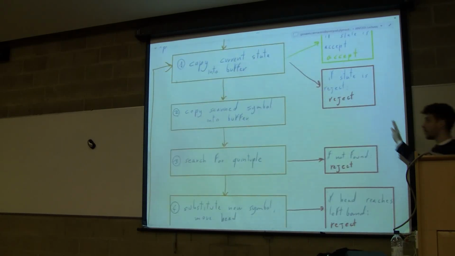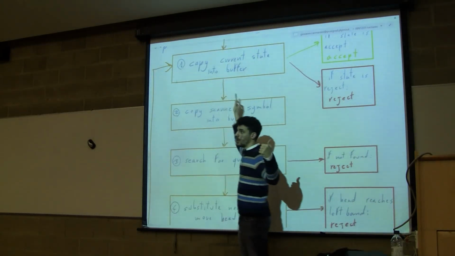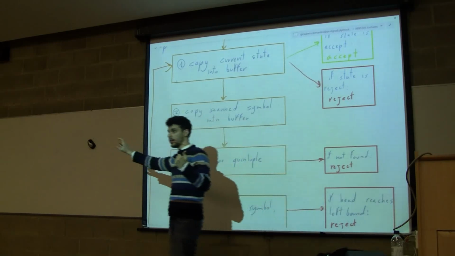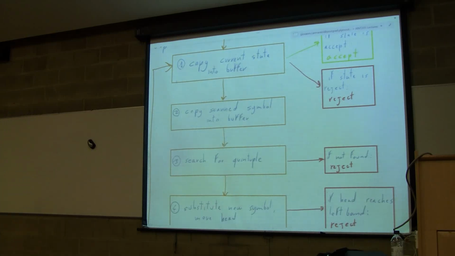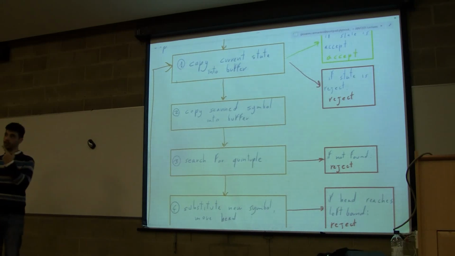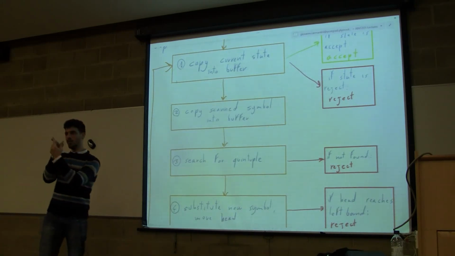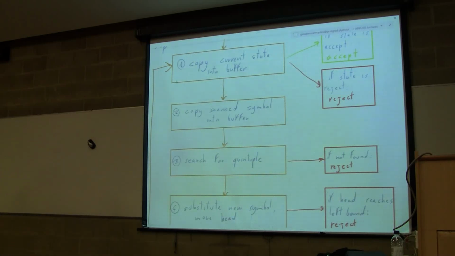So if it's neither of those, it means that it's another state. So you have that state in the buffer, you copy the symbol that you find in the tape description in the buffer. So now you have a state and a symbol. So you need to find the right quintuple, or 5-tuple, which tells you, given a state and a symbol, what's the next state and symbol, and what's the movement I need to do.